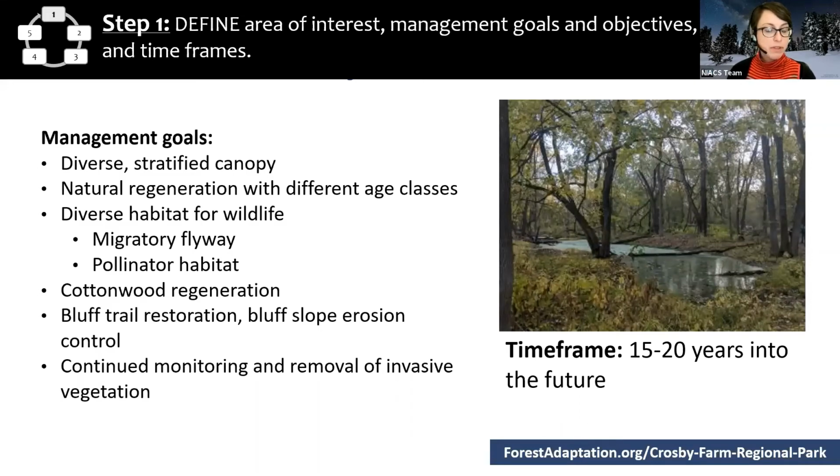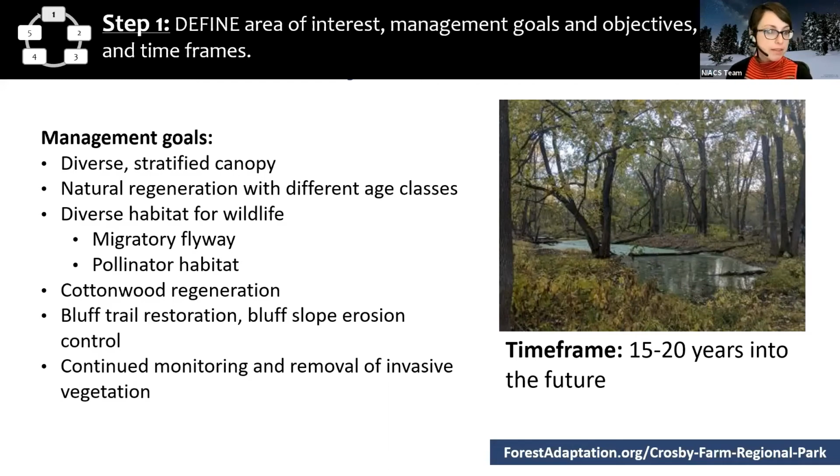In the Mississippi River floodplain area, they've got this preponderance of cottonwoods, and so they want to keep cottonwood growing on those sites. They also have recreational goals and restoration goals related to bluffs and trails and some erosion issues that they already have. So all in all, this is a familiar story.